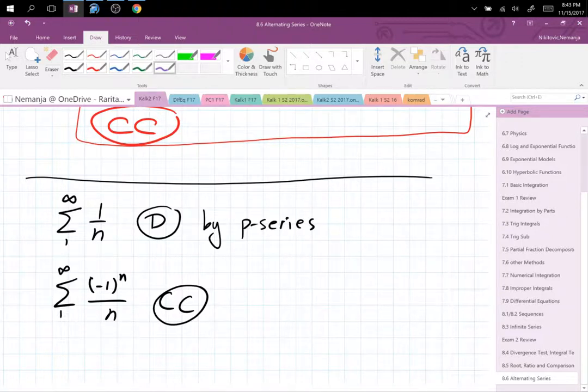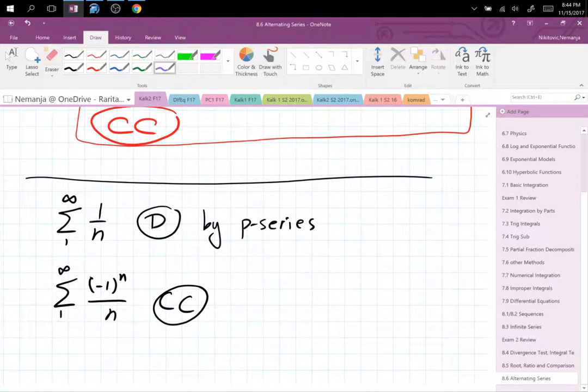Very good. Excellent. Alternation makes the sequence jump up and down from the x-axis, n-axis in this case. And when you start adding those terms, they add differently. Consider this: it's 1 plus half plus third plus quarter, so it's plus, plus, plus, plus.